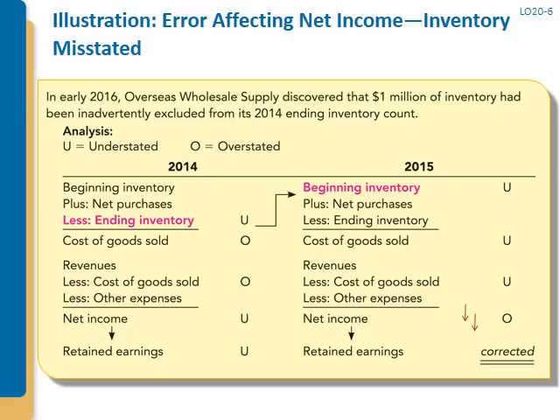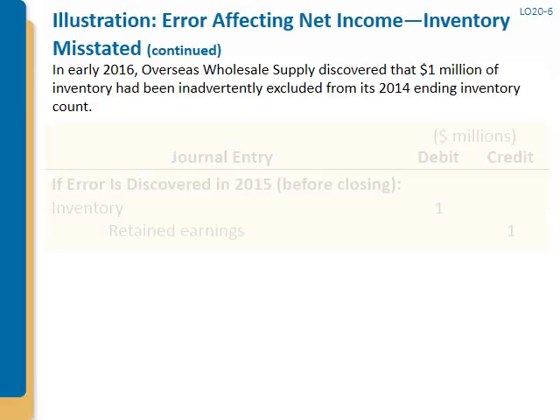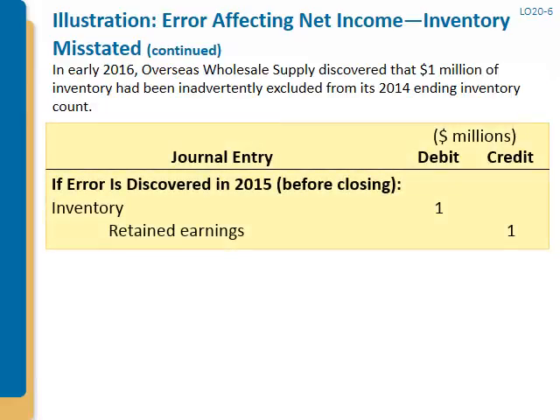When analyzing inventory errors, or other errors that affect cost of goods sold, you might find it helpful to visualize the determination of cost of goods sold, net income, and retained earnings. A journal entry is posted to correct the incorrect account.